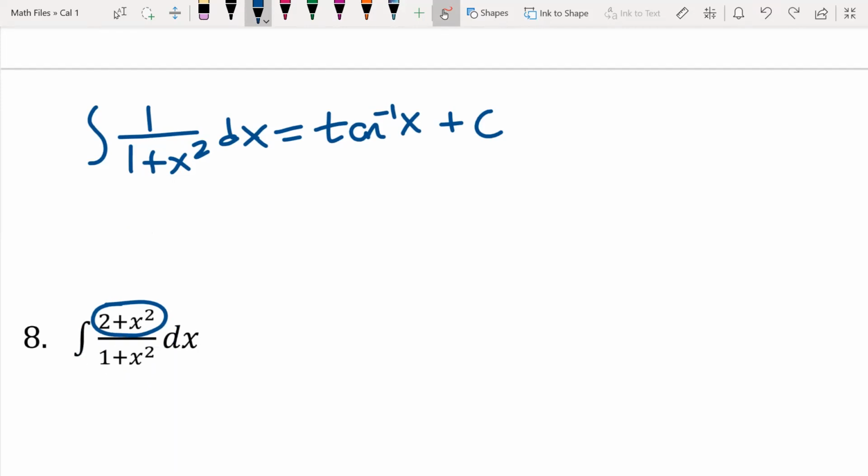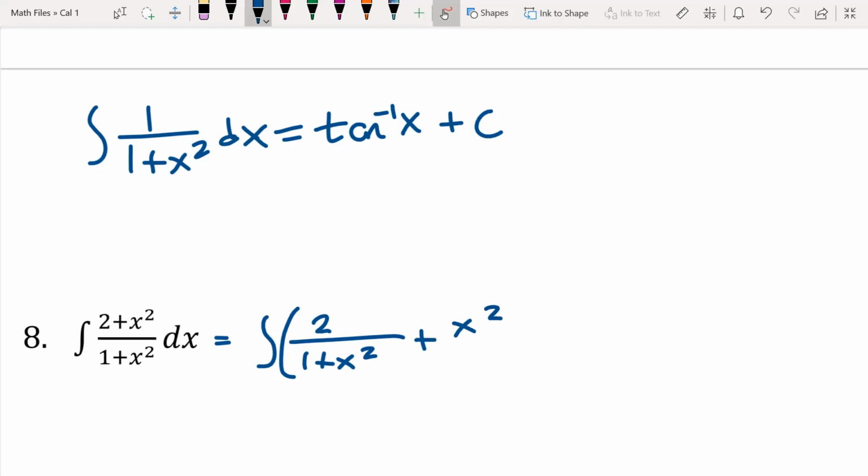So the first thing we can try is splitting it into 2 separate fractions. Why not? So if we do that, we'll get the integral of 2 over 1 plus x squared, plus x squared over 1 plus x squared dx.